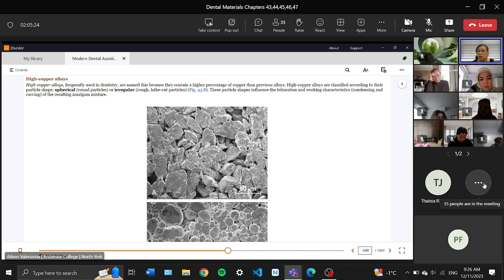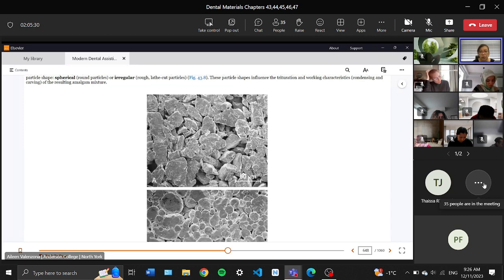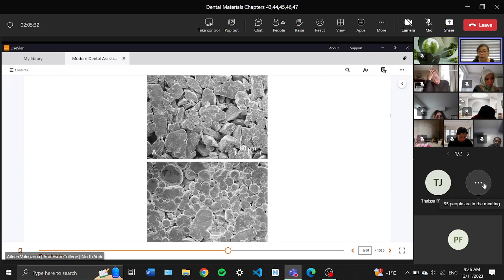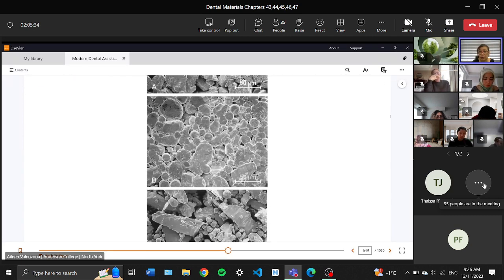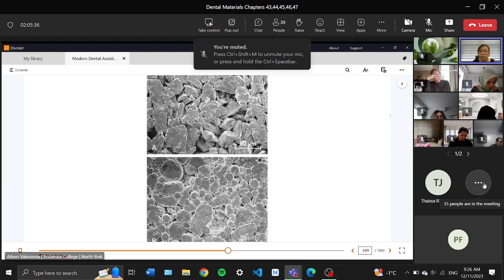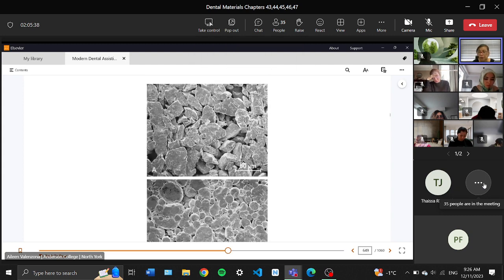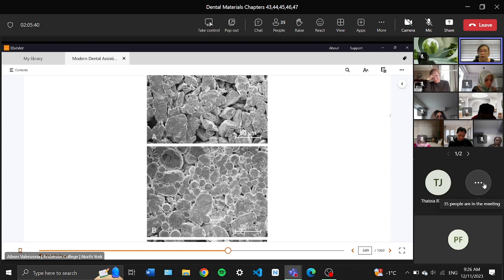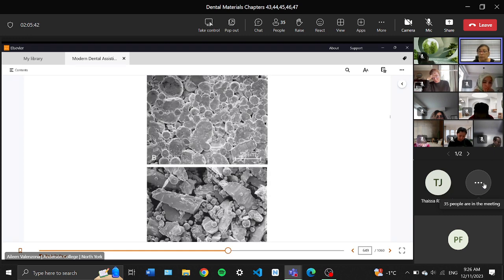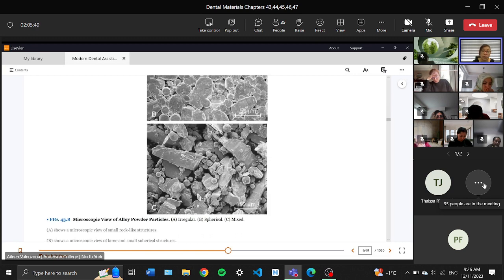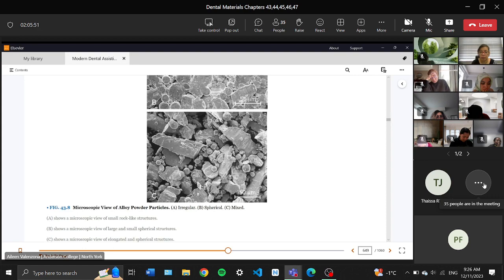You know the trituration, the amalgamation, right? Condensing and carving of the result of the amalgam mixture. So meaning it depends on the particles. The bigger the particles, the rougher, the duller. The small or the fine, it will make your material fine. But there are also some that are a combination.